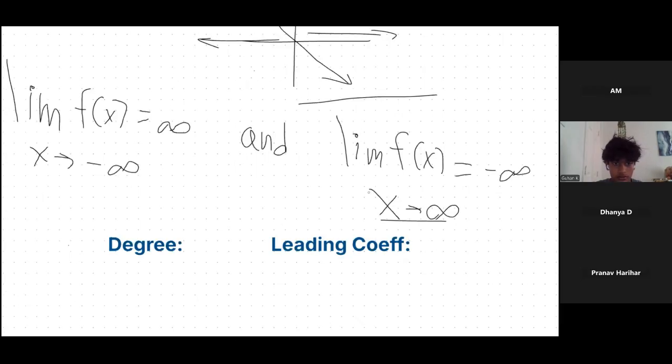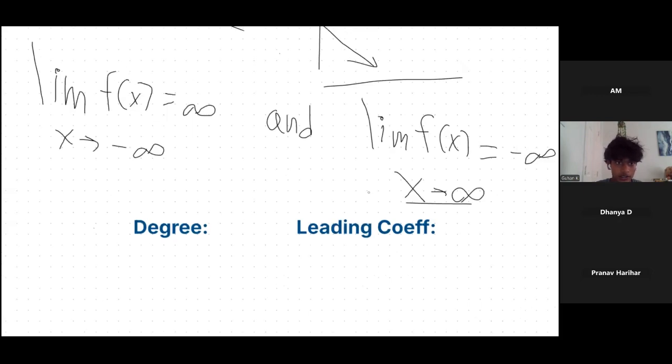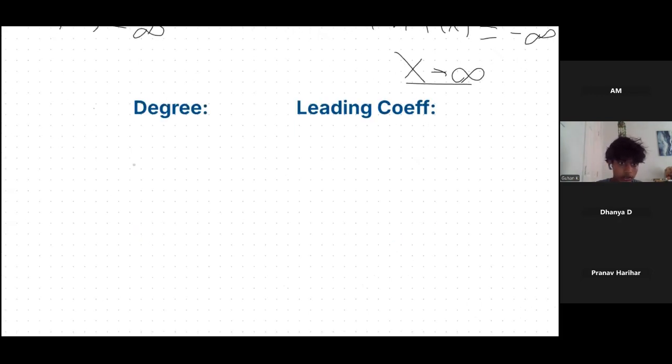So what is the degree and leading coefficient? I'm going to give you guys a different problem since I showed you that one. What's the lowest degree and leading coefficient for this?